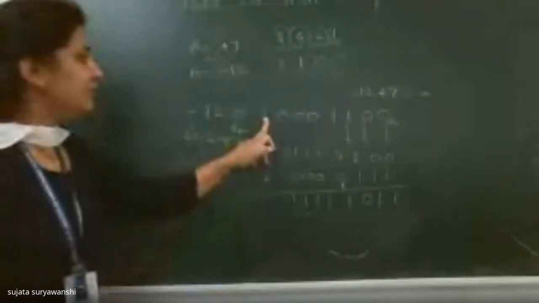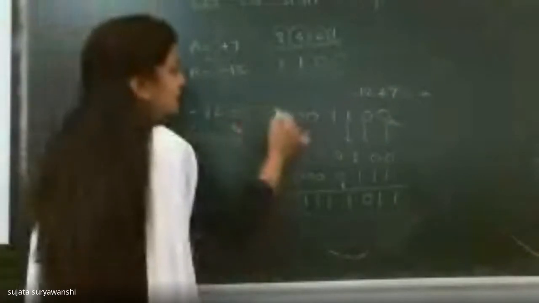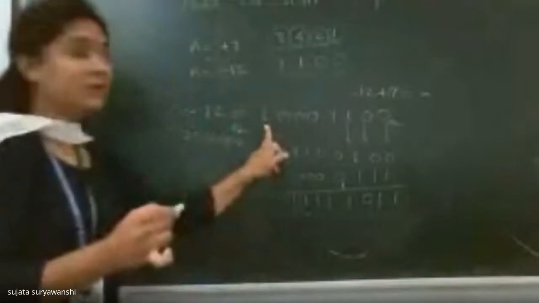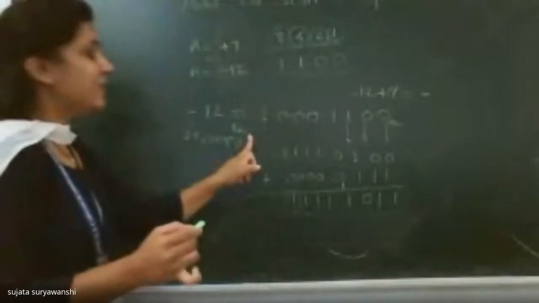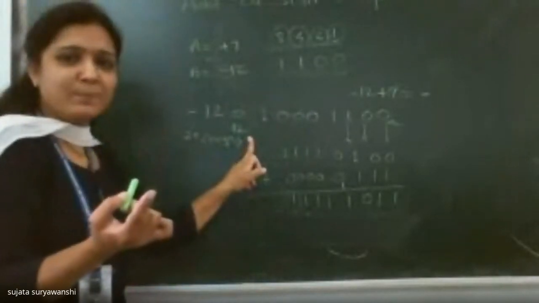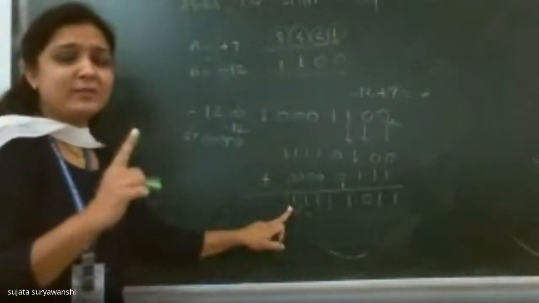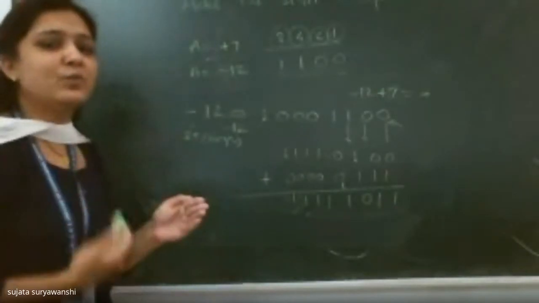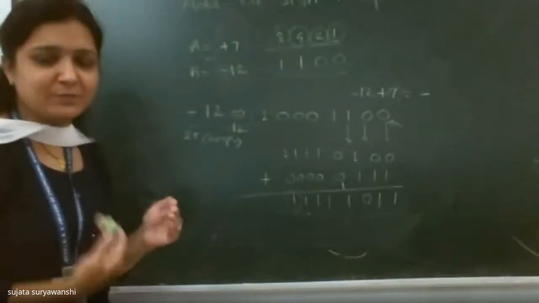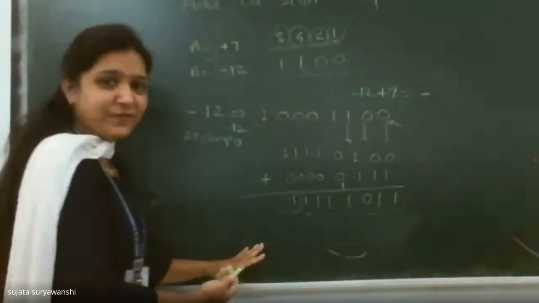If you get sign bit 1, that is, if carry is not generated, then you have to convert it again using the 2's complement method to get the original format.